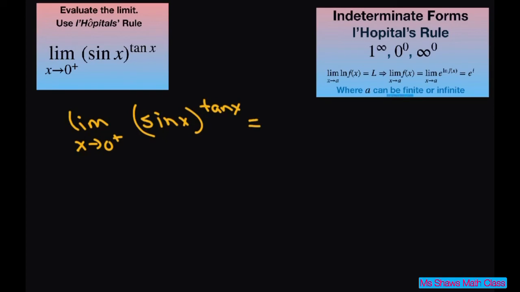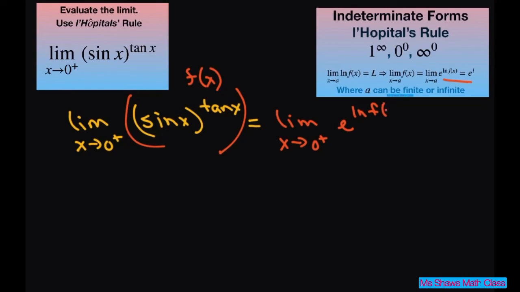And again, this is your f of x, which equals the limit as x approaches 0 from the right of e to the power of ln of f of x. And just remember that e to the power of ln of a just equals a. And that's what we're looking for, our f of x.